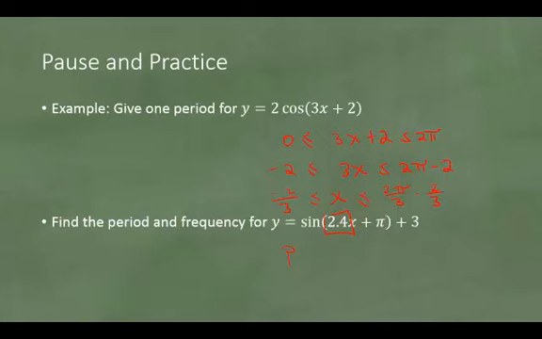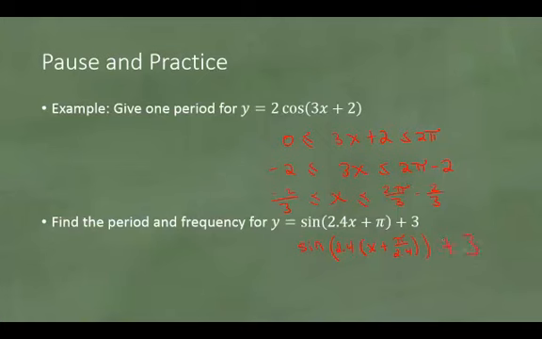Actually, this is not quite right. The period is actually always the number in front of whatever can be factored out there. So here, if we were to divide this out by 2.4, just to be a little bit more clear, x plus pi over 2.4, and plus 3.